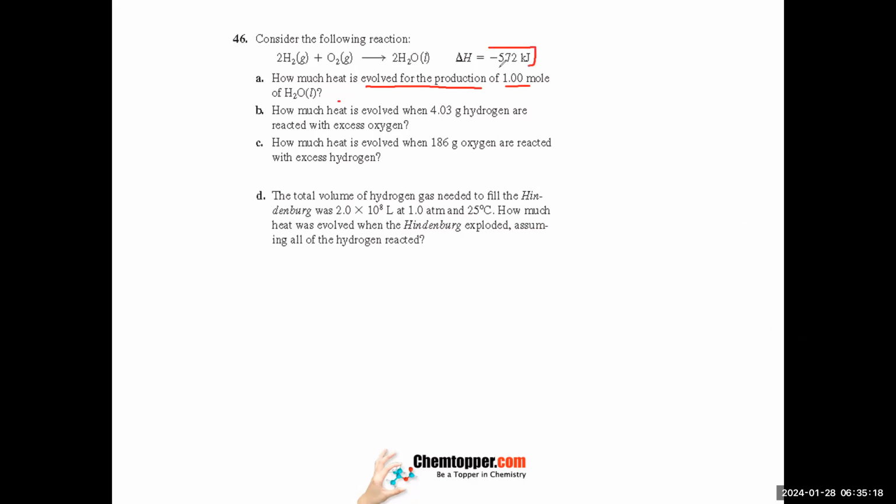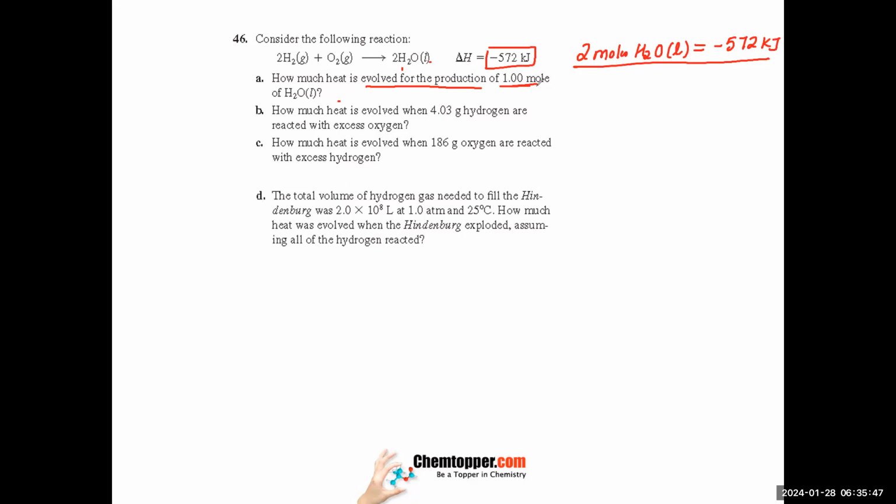This heat is for how many moles of water? 2 moles. So you know this. When 2 moles of water are formed, liquid water, the heat released is minus 572 kilojoules. This is the ratio I know from the equation. Now they're asking for 1 mole.